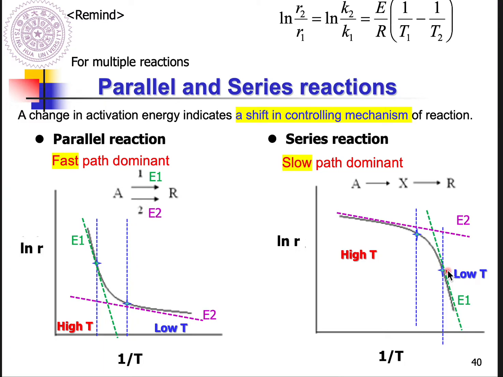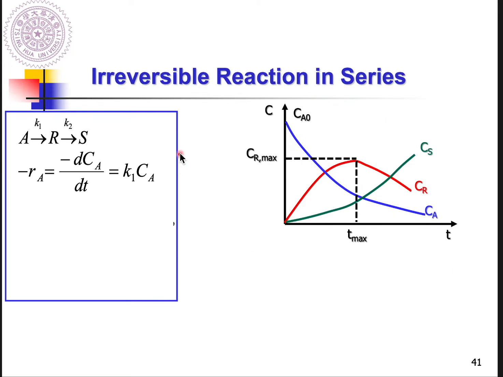So to deal with this kind of series reaction, how do you get K1 and K2 in your experiments? Here, I'm going to give you an example: irreversible reactions in series.